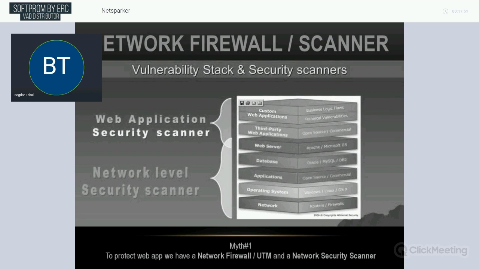A custom web application or third-party web application, including the web servers, is something very different from network technologies, and network-level security scanners and firewalls work with other entities and terms, trying to block or allow some traffic, some ports. The web application should be available 24/7 and worldwide. Otherwise, the web service is not what it was designed for.